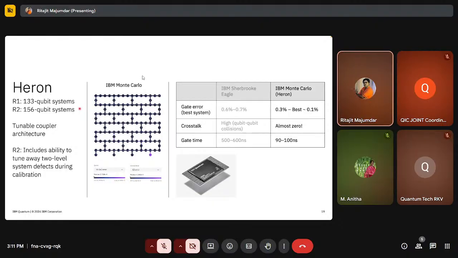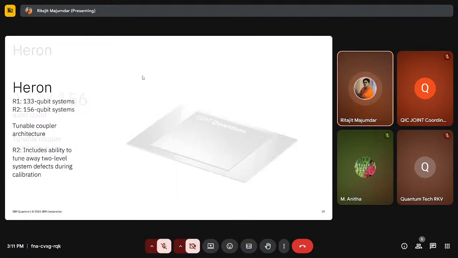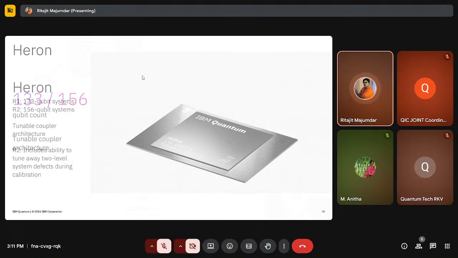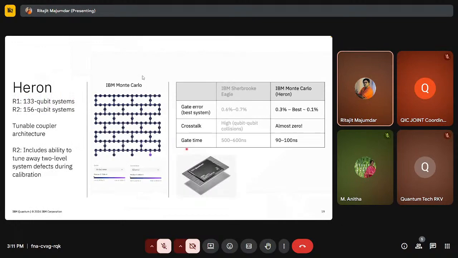So once the quantum computer comes here, we should all be ready to try to solve whatever problem you are interested in. That's why I'm showing you how much more powerful this Heron R2 is compared to the Eagle processor, which is there in many other places, like the Cleveland Clinic one that I was talking about. India is getting the Heron processor.